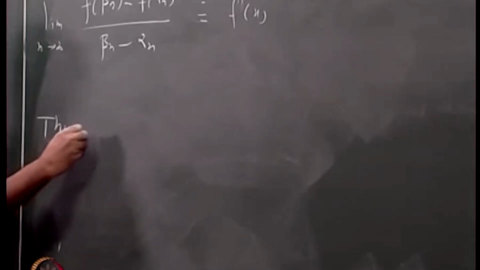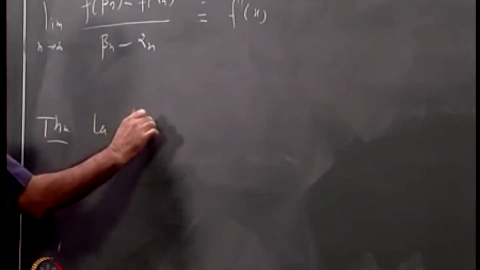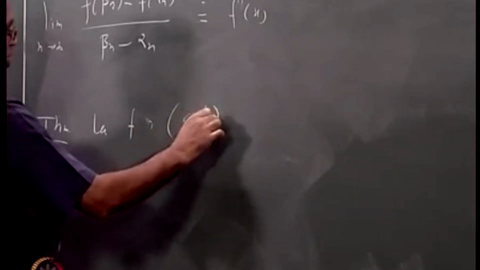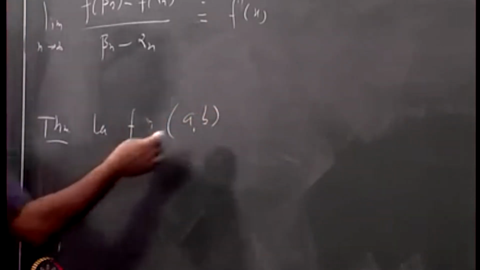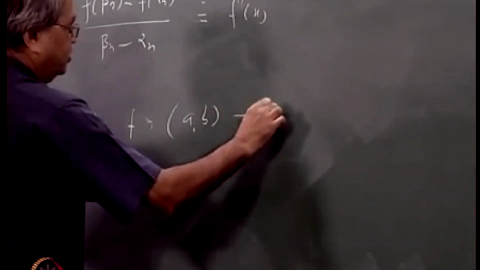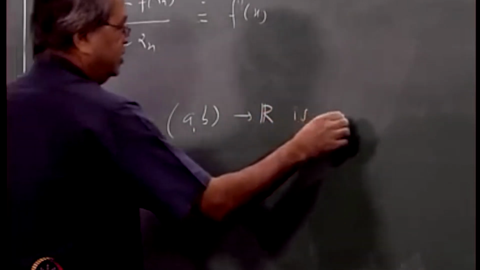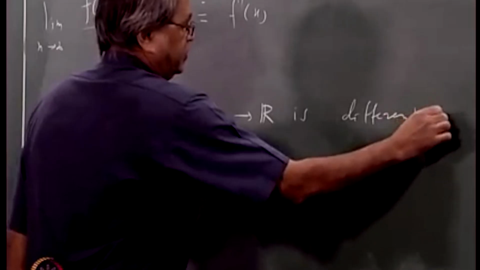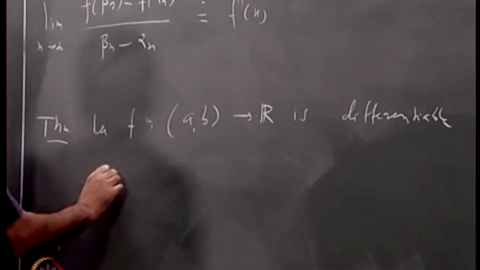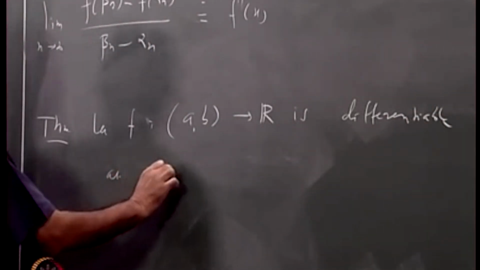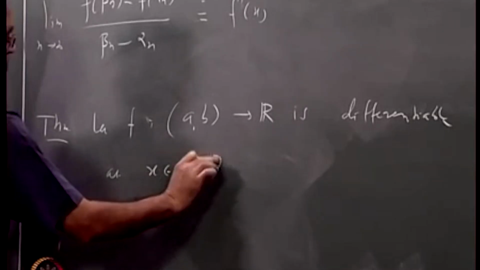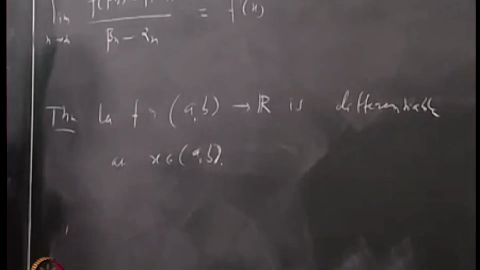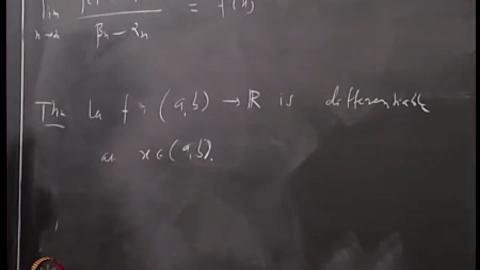For the theorem, suppose f is defined on some open interval (a, b), because we are talking about differentiability, we take an open interval. So f from (a, b) to R is differentiable at some x in (a, b), and we take two sequences alpha n and beta n in the following manner.